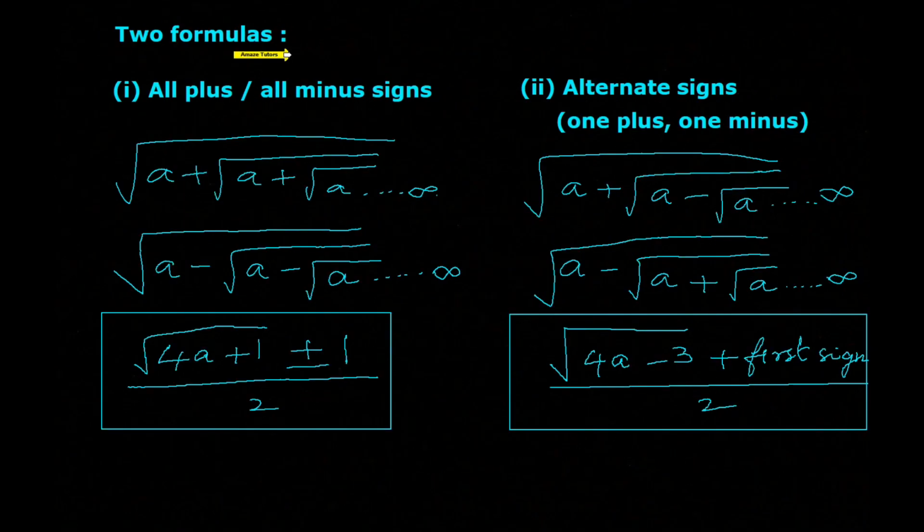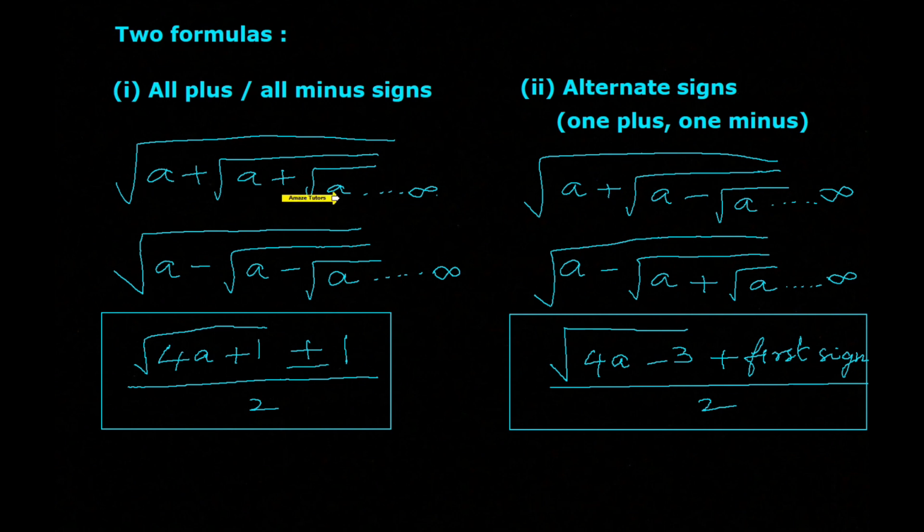Two formulas are involved in this case. One is used when all the signs are plus or all of them are minuses, like this: plus, plus, plus and so on to infinity, or minus, minus, minus. So this is the respective formula when all signs are plus or minus: square root of 4a plus 1, plus or minus 1, divided by 2. I'll tell you what this plus or minus is.